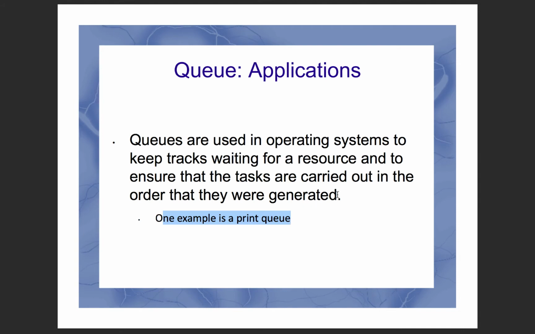Similarly, our operating system keeps track of waiting resources and ensures that the tasks are carried out in the order that they were generated. We request several jobs to our operating system. We open a file, then we do other operations, writing email, sending email.